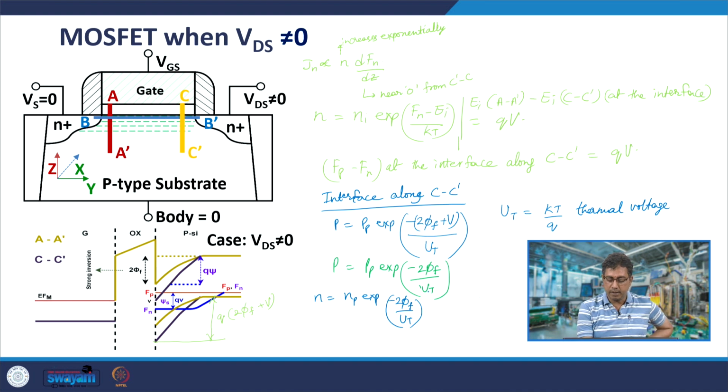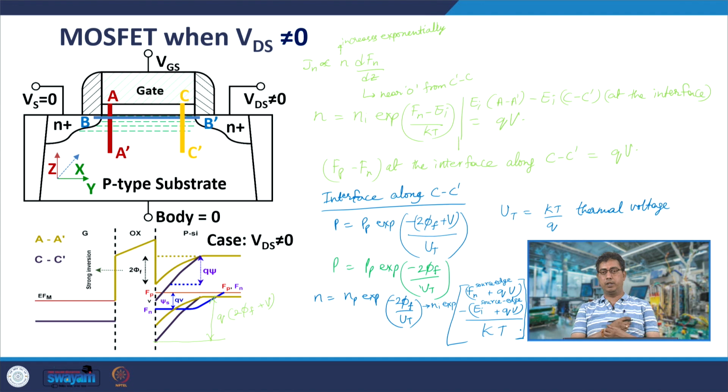You could have seen this as Ni exponential, Fn at the source edge plus QV, minus Ei at the source edge plus QV, by kT.